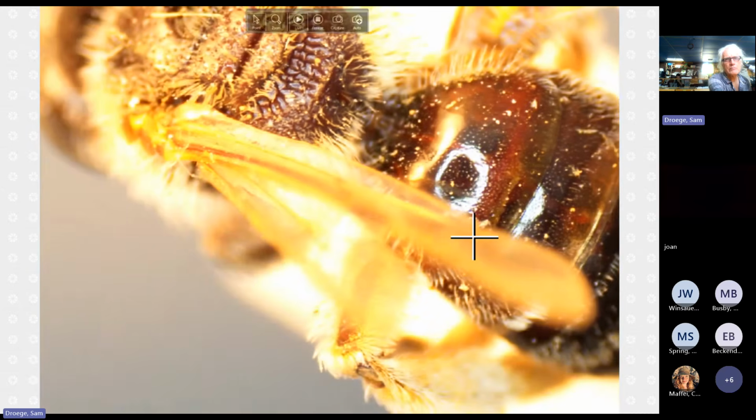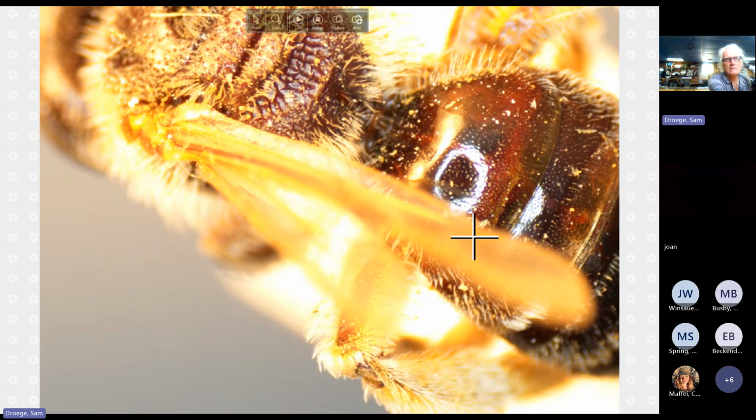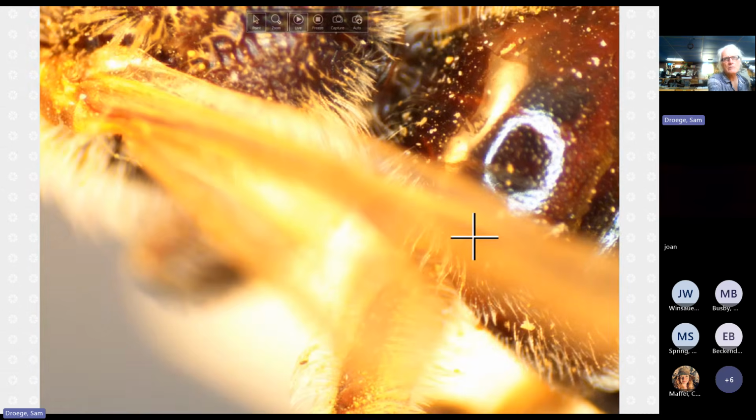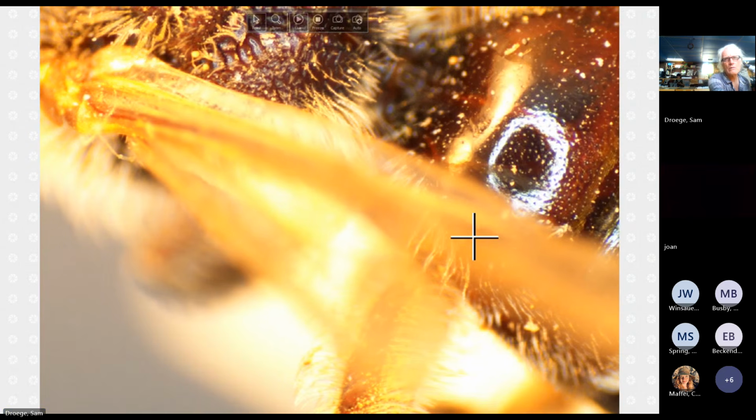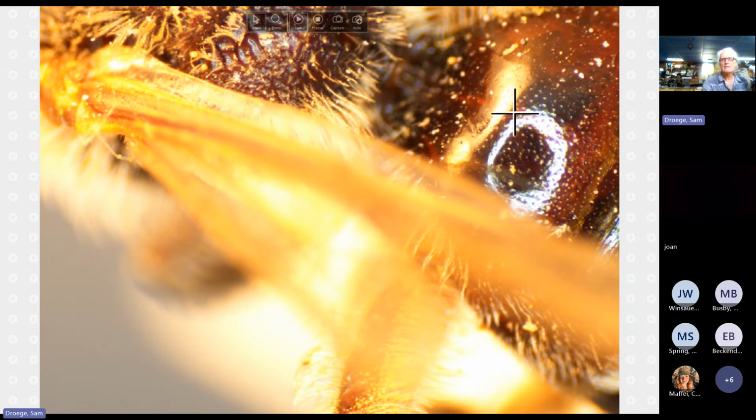And it should be pretty widely spaced, and it appears to be so comparatively. 2 to 4, I think they were saying. I could see that. Over here, you can see it maybe the best.